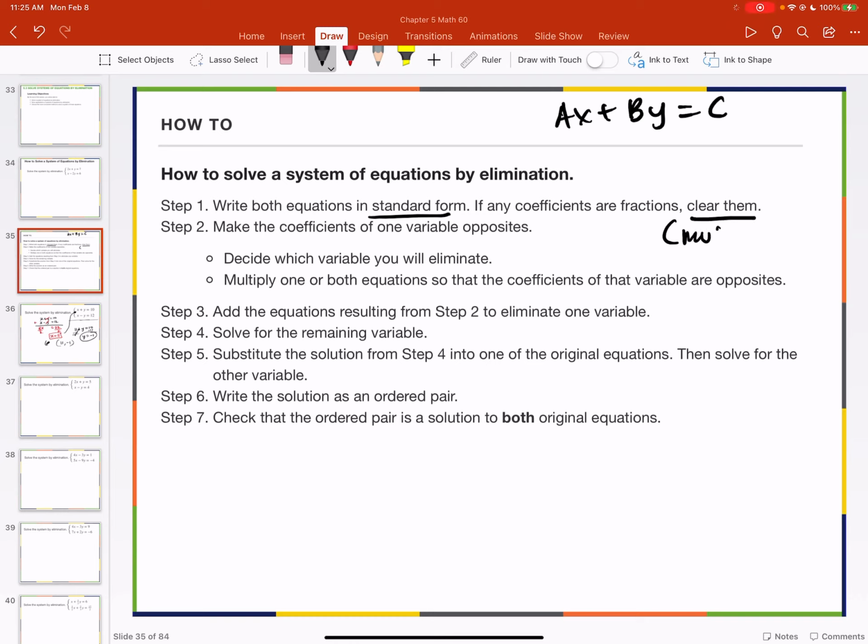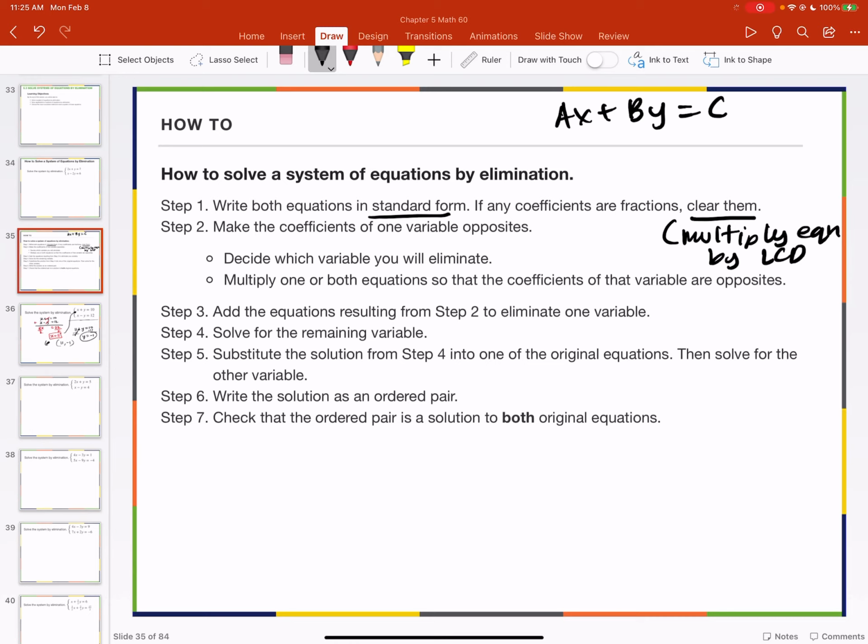It means multiply all the equations by the LCD, the least common denominator of all the fractions. Okay. Then you make the coefficients of one variable opposites, deciding which variable you eliminate. Then you add them and solve, and you substitute into the other one.